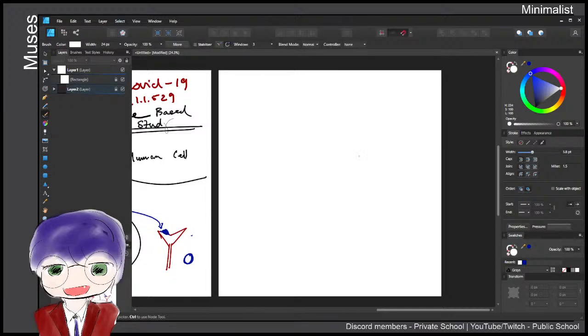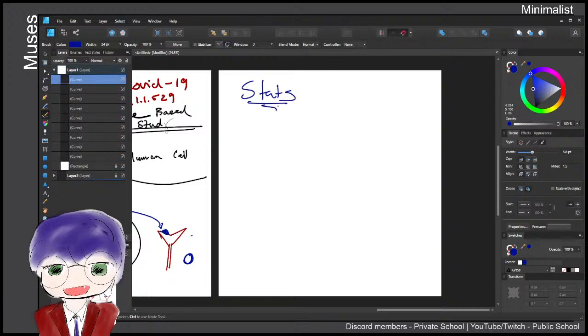Okay. So stats, right? That's what we wanted to say. Stats. So far, what we know about Omicron, because this is important. There are 3 studies. That is ridiculous. Look at that.